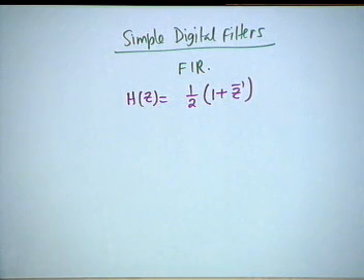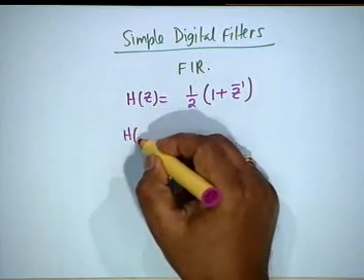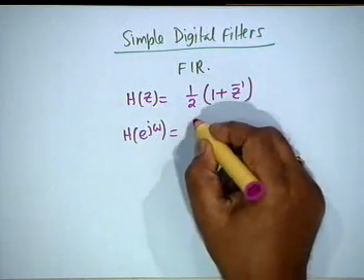The way to do it is look at the function and mentally you know that z is e to the j omega when you consider the frequency response. Well, for one or two examples let us write this down.